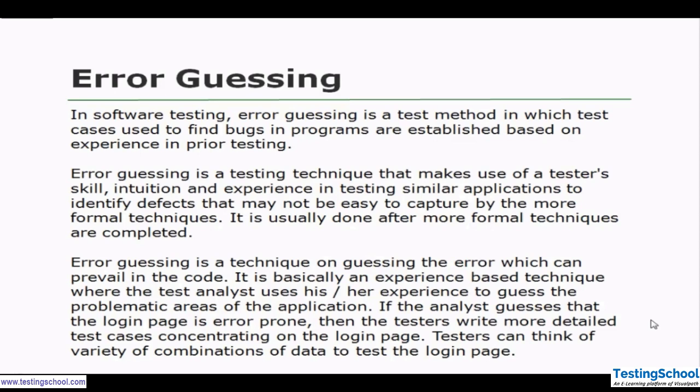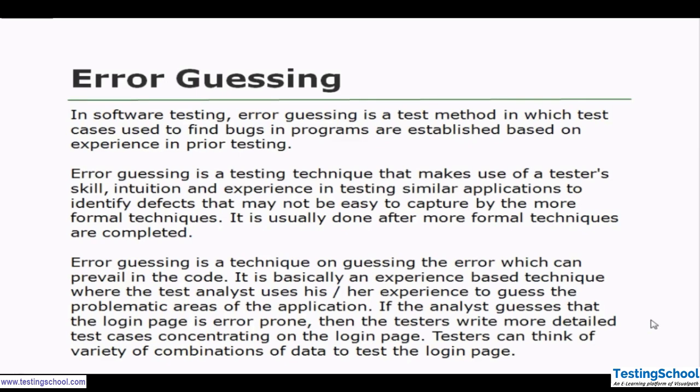Error guessing is nothing but a testing technique to find out bugs based on the experience of a testing user, like a testing profile candidate. Error guessing is a testing technique that makes use of the tester's skill, intuition and experience.